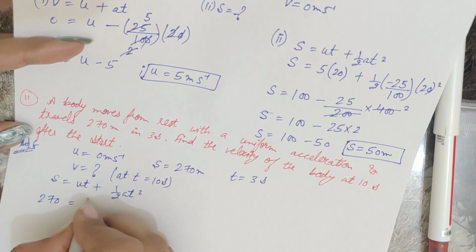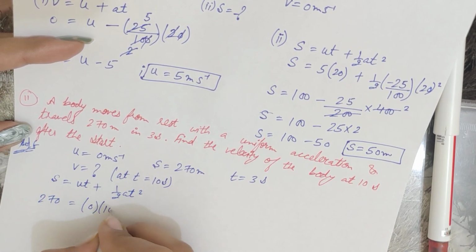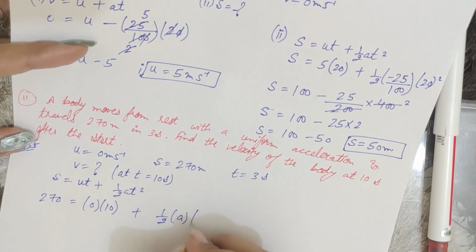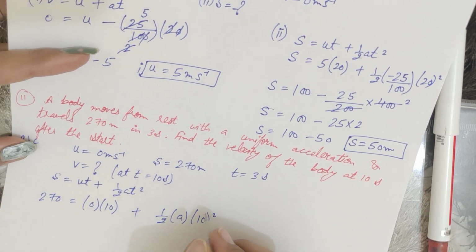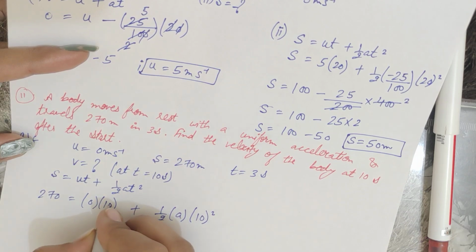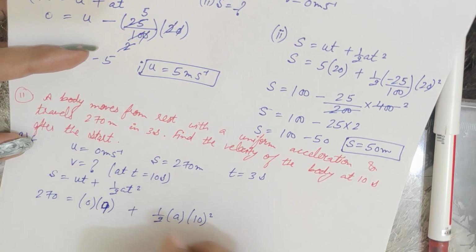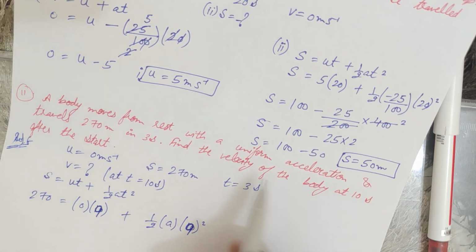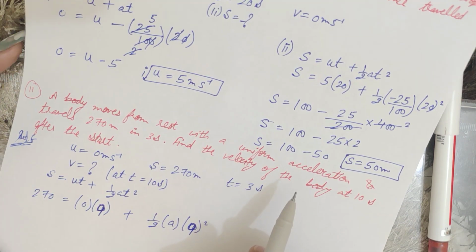Everything which is given in the question, we are just putting all the values. Acceleration we will find from here. We are finding acceleration for the first 9 seconds, so we need to use the time also as 9, because at the 10th second we need to give the velocity of the body. So we are using the time as 9 here.